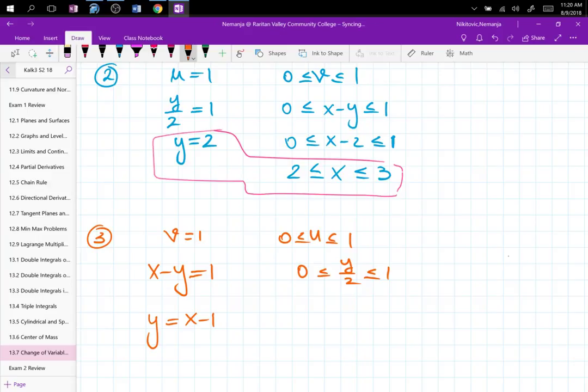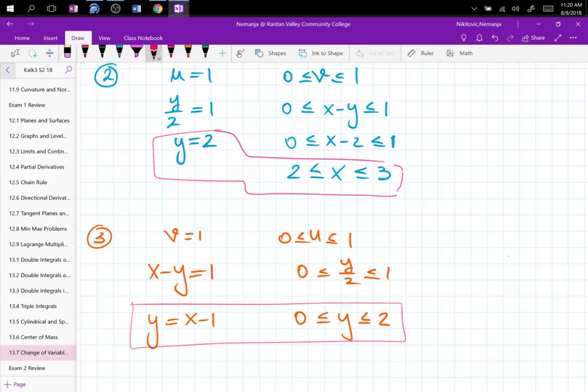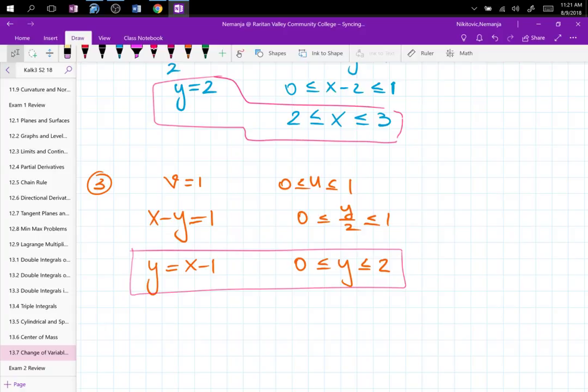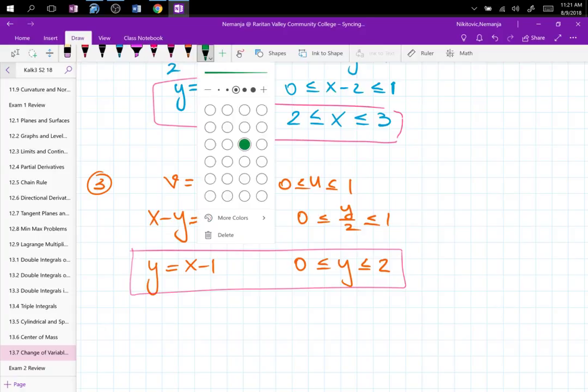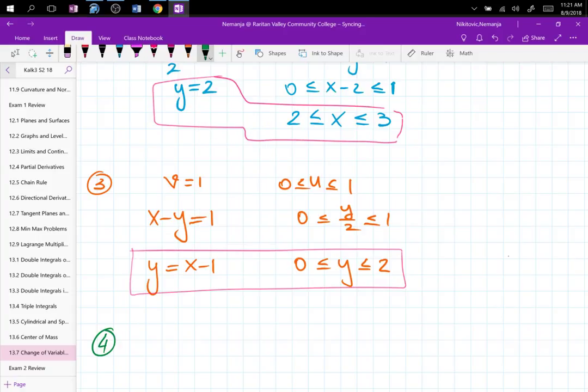And to solve the other one, 0 less than y less than 2. So all we do, guys, is we take whatever functions we have from the picture, from the graph, and we replace the transformation in it, and then solve for whatever form is appropriate and best for us to graph in the future. The last one is number 4, which is green.